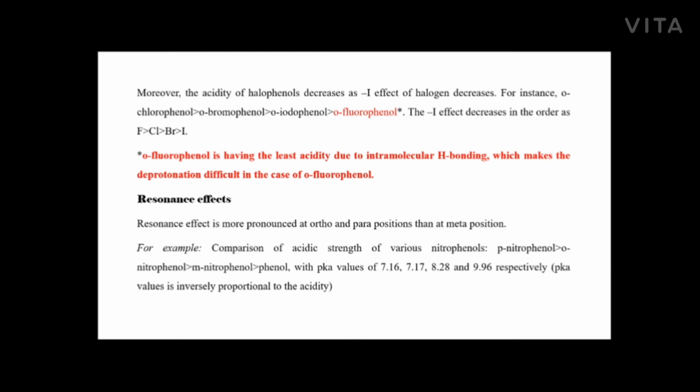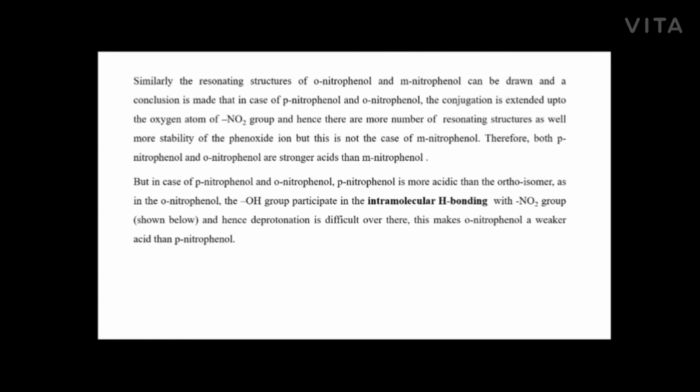But the question arises, why are para nitrophenols much more acidic as compared to ortho nitrophenols? So the answer is in the last paragraph. In case of para nitro and ortho nitrophenols, para is more acidic as compared to the ortho isomer, because in the ortho isomer, the hydroxyl group of that particular compound participates in intramolecular hydrogen bonding, as I have mentioned earlier also about intermolecular H bonding.